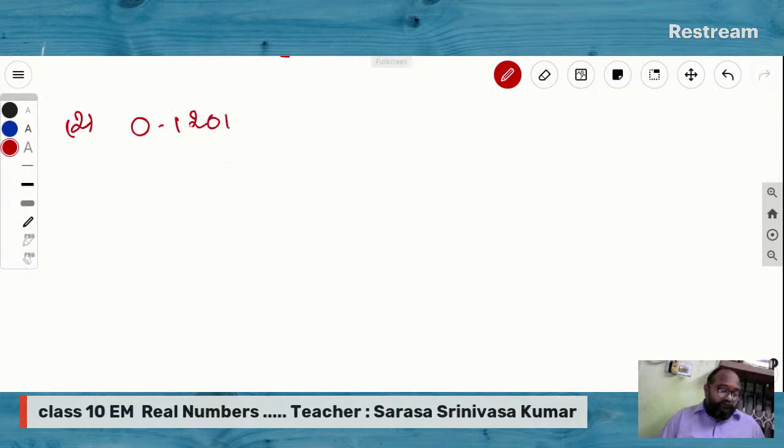0.1201 to 001 to 00012, again 4 zeros, and so on.